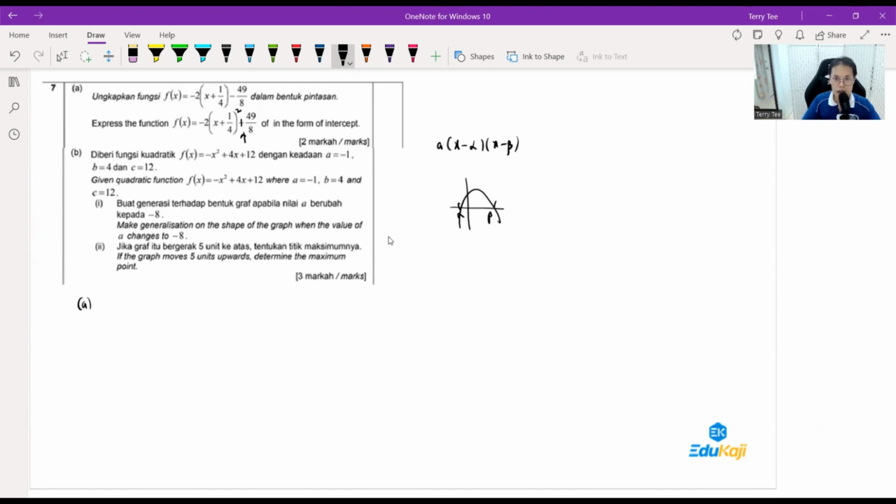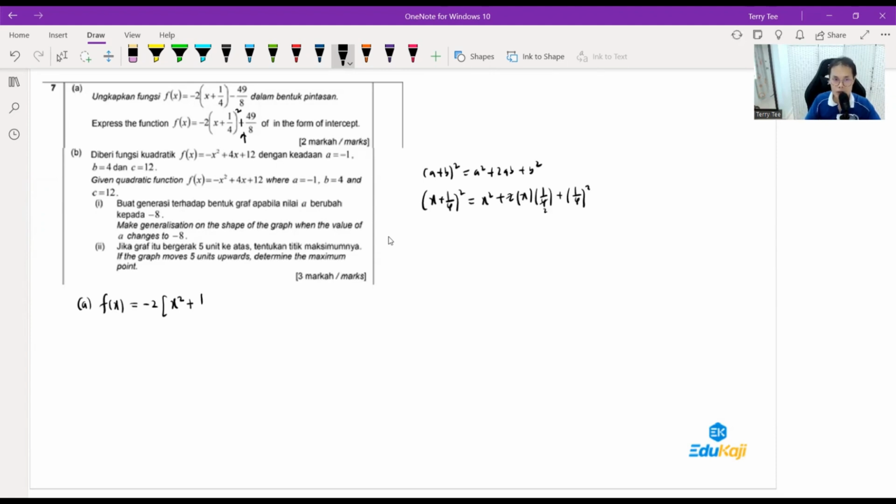I hope you know that (a plus b) squared, when you expand, is a squared plus 2ab plus b squared. If you have (x plus 1 over 4) squared, it's x squared plus 2 times x times 1 over 4 and 1 over 4 squared. So the 4 and 2 cancel, so this will be 1 over 2 x, and 1 over 4 squared is 1 over 16.